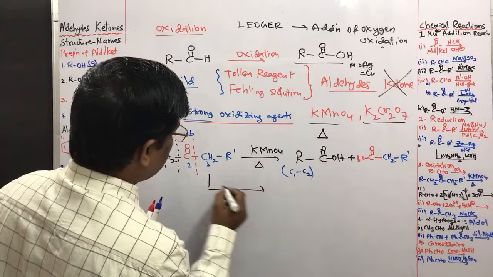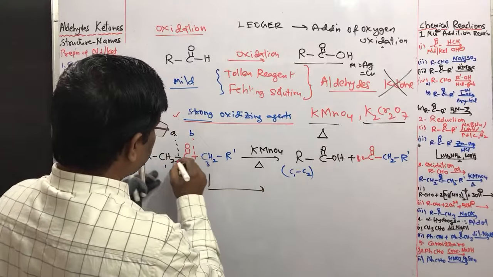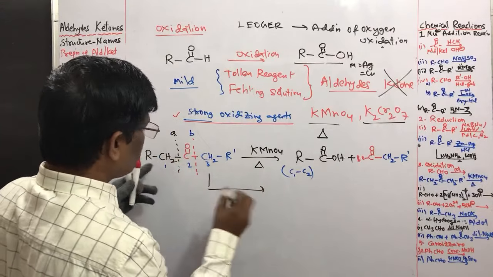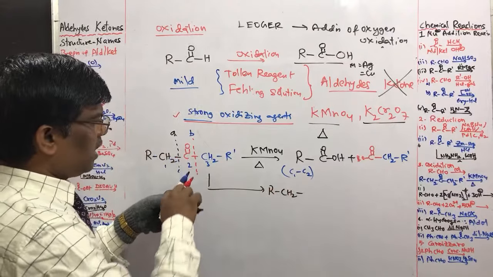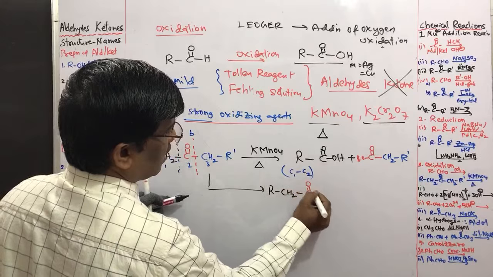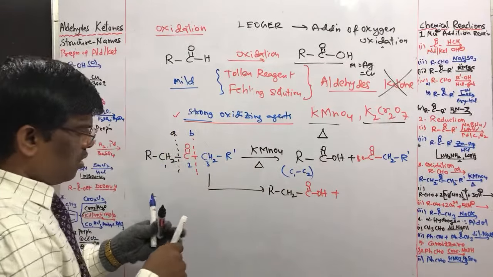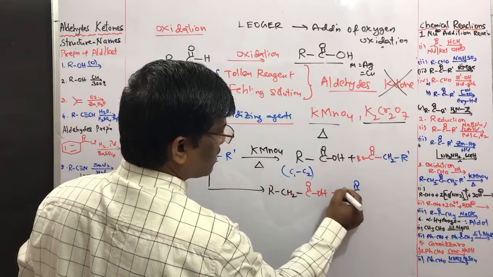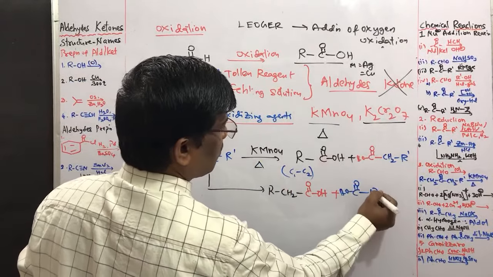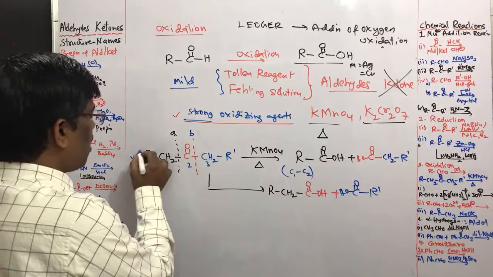It can break at C2 and C3. So at C2, C3, what is going to happen? R, CH2, this carbonyl compound, the red carbon is on this side, OH, and now this blue carbon is going to oxidize to acid, and this is R prime. So this is how it will give a mixture of compounds.